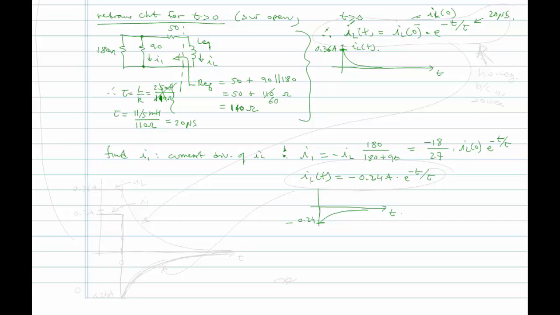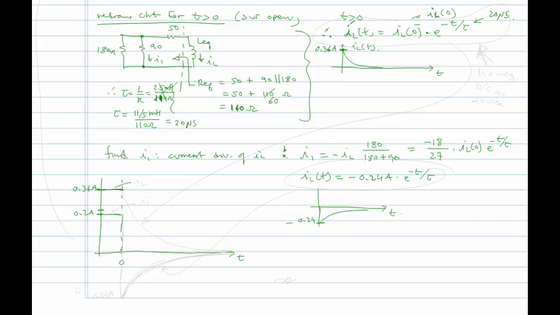So now let's put all this together. We'll plot both IL and I1. Prior to time 0, we had the current up here at 0.36 amps, and we had the current going through I1 down at 0.2 amps.